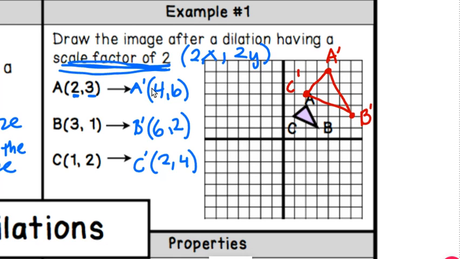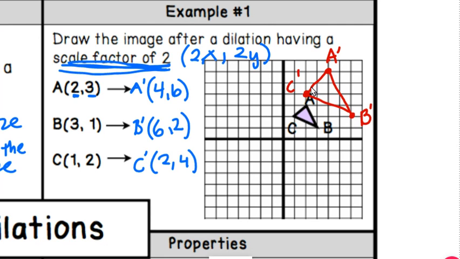Now, the reason that we want to write down our ordered pairs first is because there isn't a pattern with how we went from C to C prime that fits the same as B to B prime. See how C is up 2 over 1, B is up 1 over 2. There really isn't a pattern like that to follow because that happens with translations.